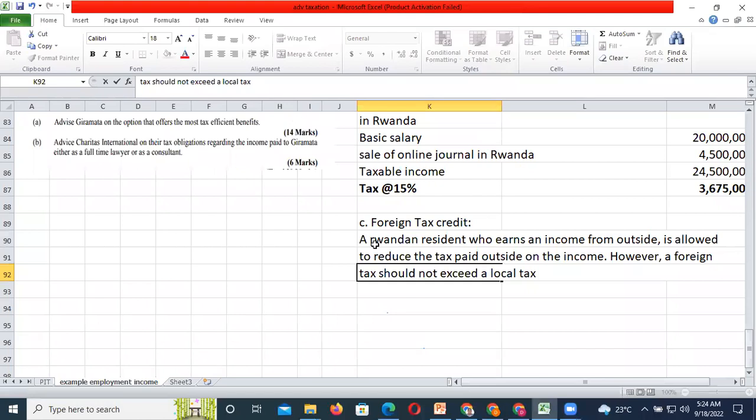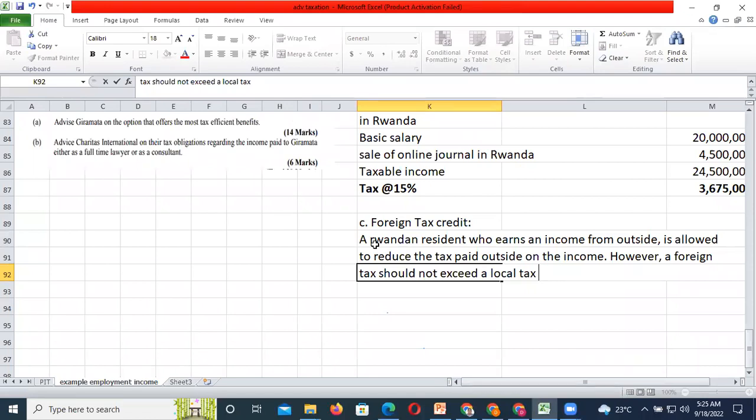Now, that's what we mean by a foreign tax credit. If he's a Rwandan resident and has generated income outside, that income is already taxed outside. So the Rwandan resident is allowed to reduce the tax paid outside on the tax payable or on the tax liability.